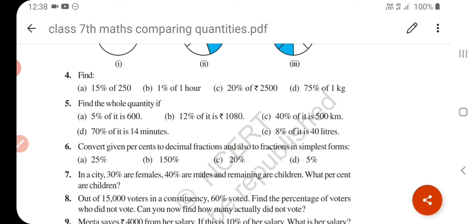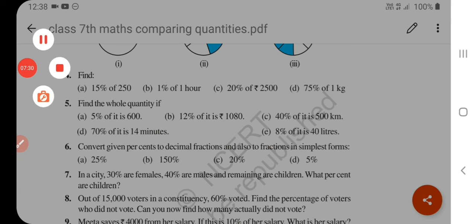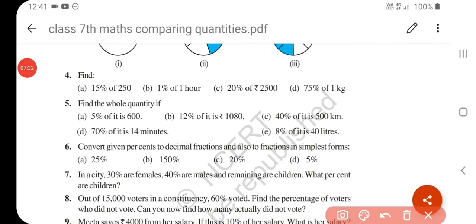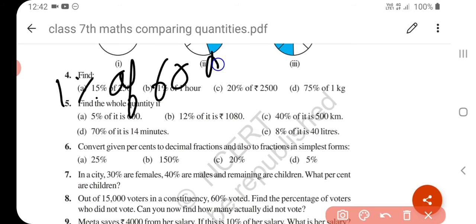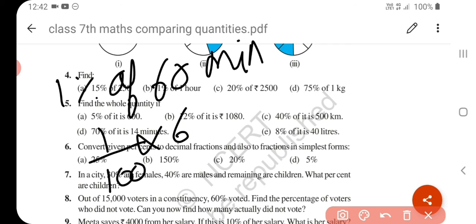So we want to find 1% of 1 hour. 1 hour is equal to 60 minutes, so you have to write 1% of 60 minutes. So it becomes 1/100 into 60.